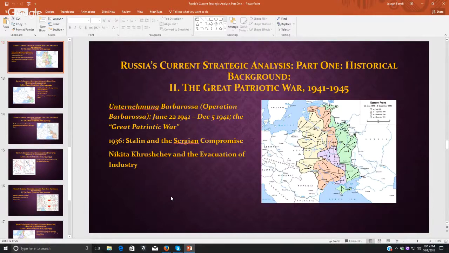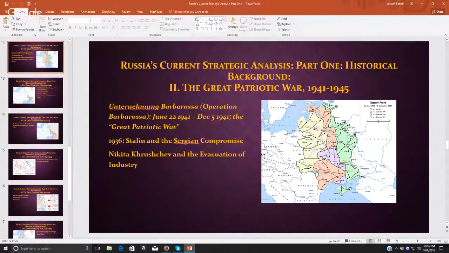This is, and I'm willing to debate anybody on this point, the decisive theater of World War II. This is where World War II is going to be won or lost. Forget about North Africa, forget about the Italian campaign, forget about D-Day, forget about the Pacific. This is the decisive theater of World War II.